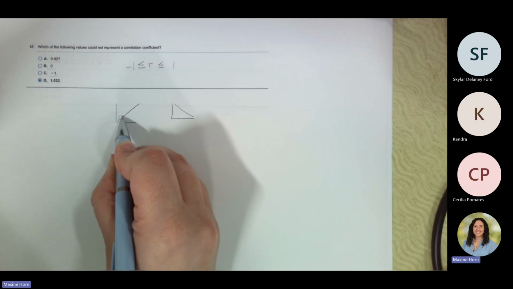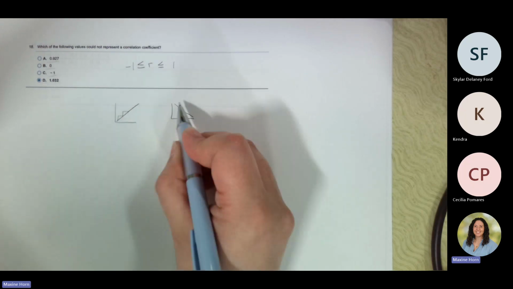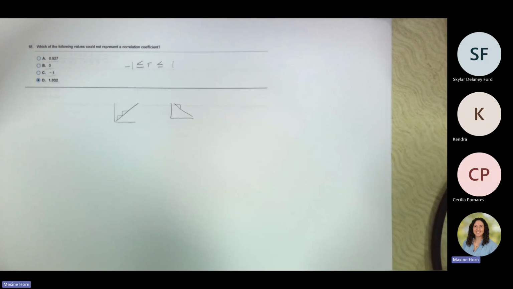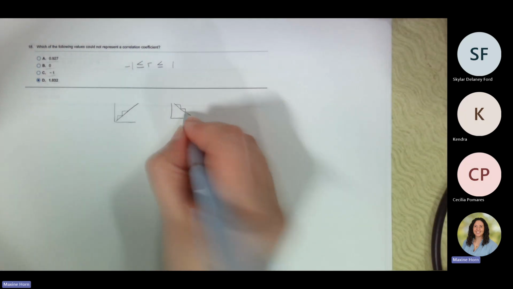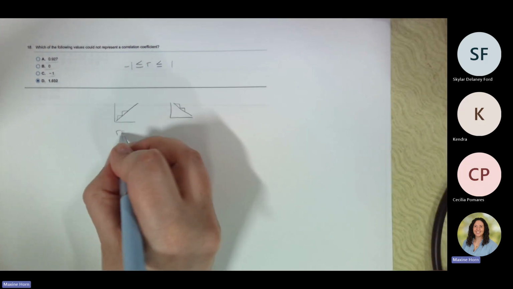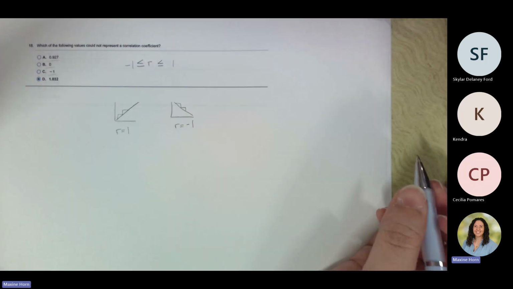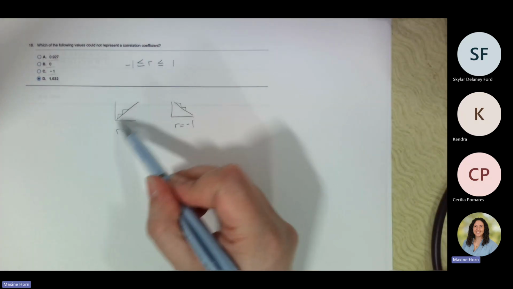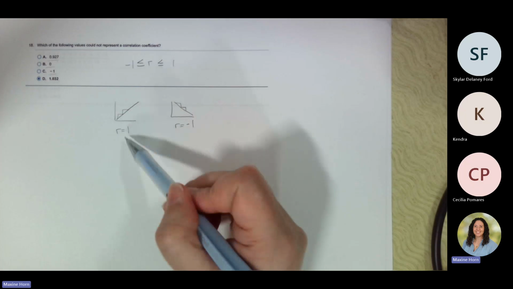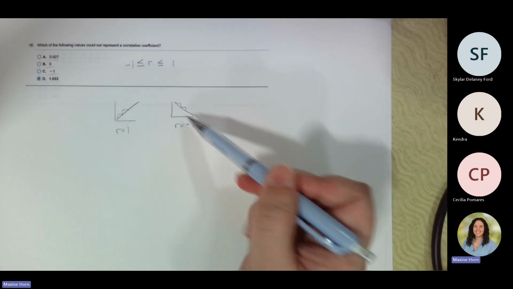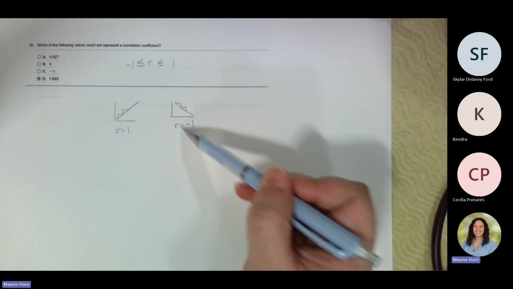So every one you go up, you go right 1. And then the other way around here, every one you go right, you go down 1. The R for this is 1. The R for this is -1. So this has a super strong positive correlation. This has a super strong negative correlation.